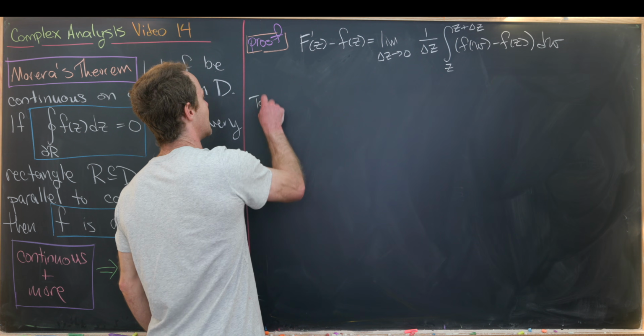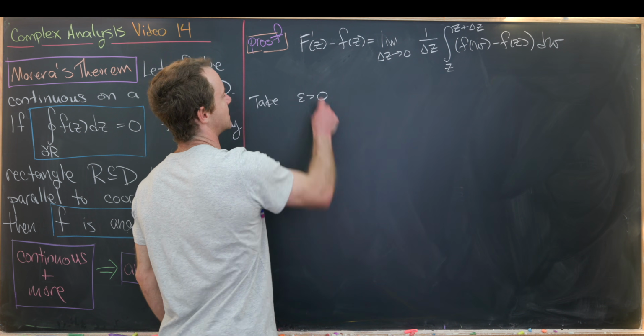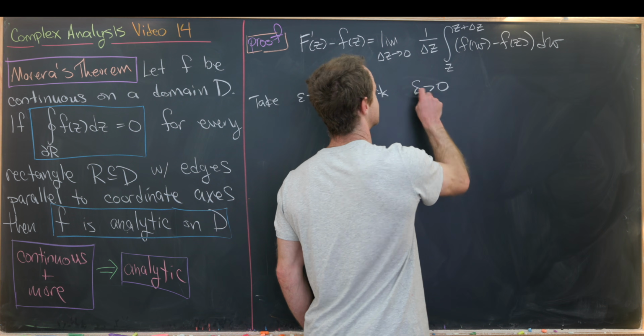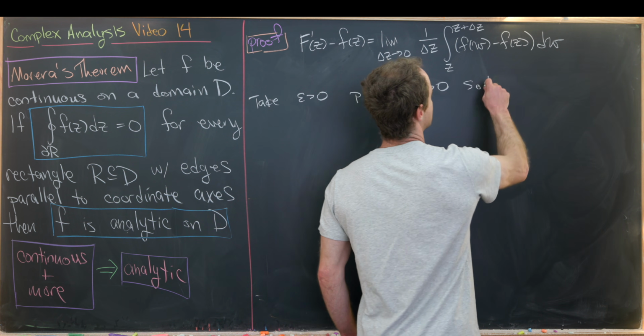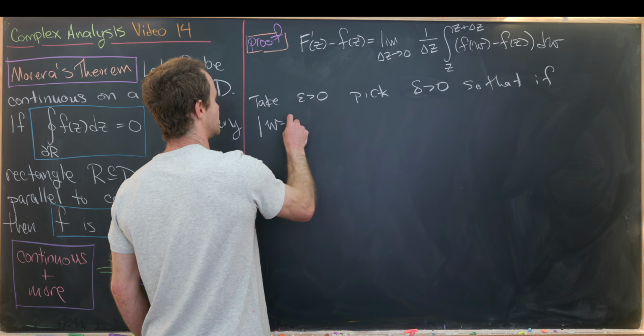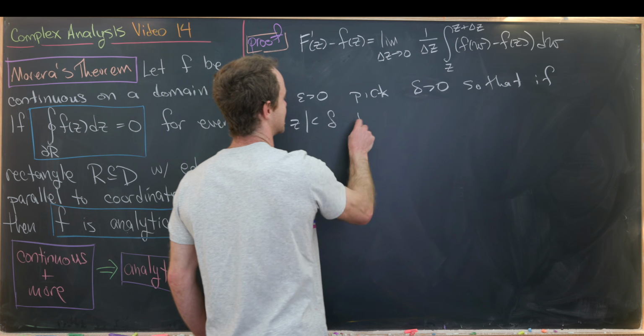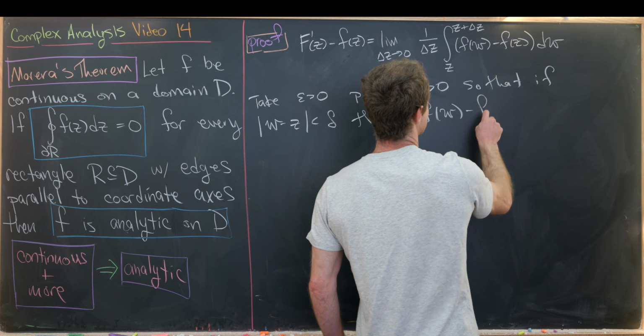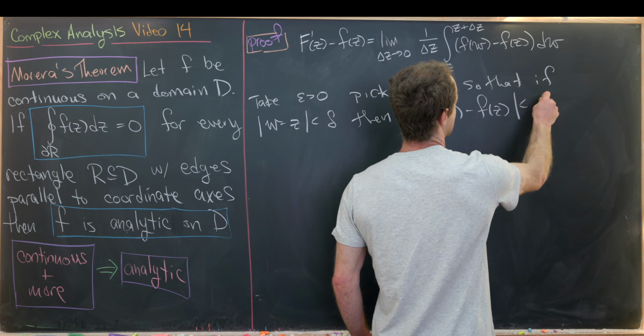So let's maybe take an arbitrary epsilon bigger than 0 and pick a delta bigger than 0 so that if the modulus of w minus z is less than delta, then the modulus of f of w minus f of z is less than epsilon.